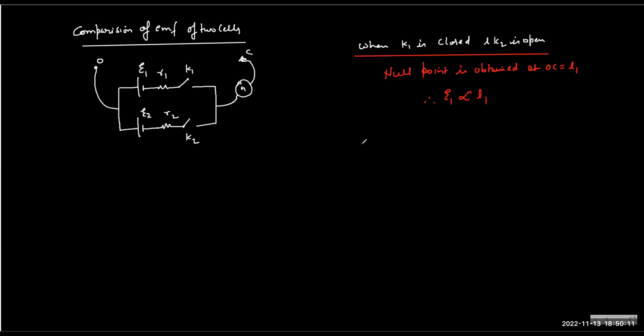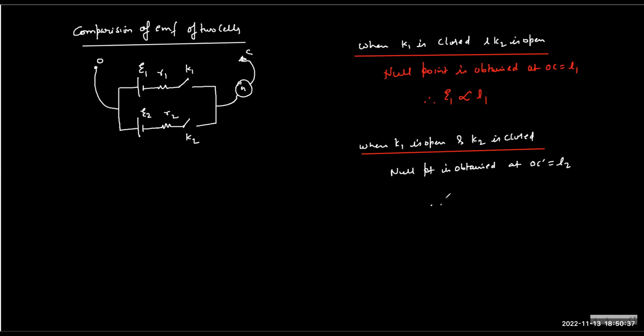So the next case is when K1 is open and K2 is closed. Now E2 is in the circuit, so the null point is obtained at OC dash equals L2. Therefore, E2 is proportional to L2.